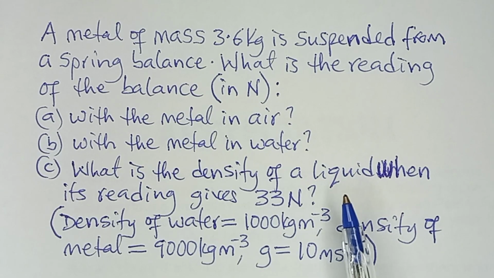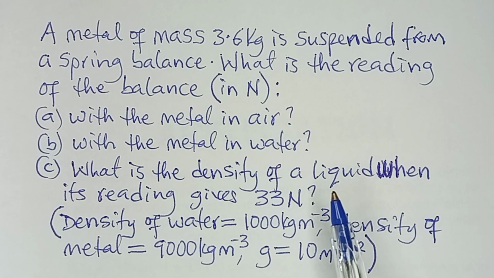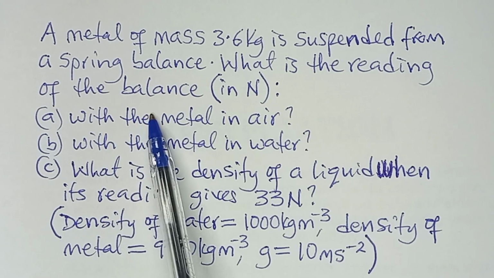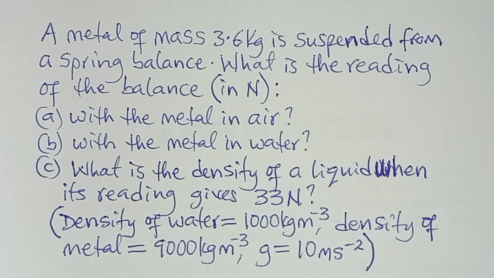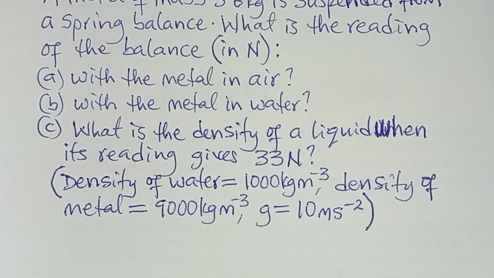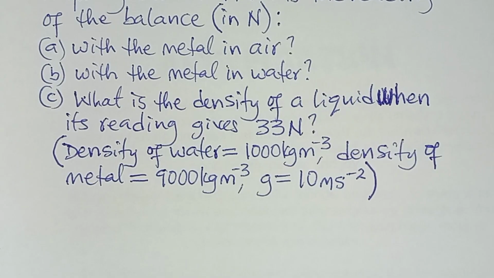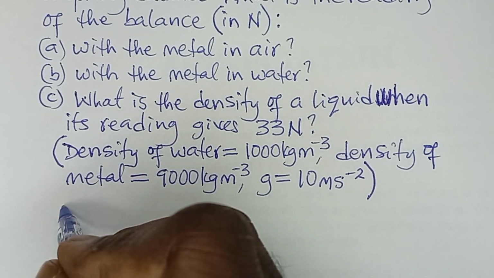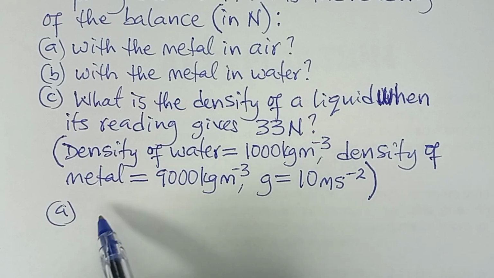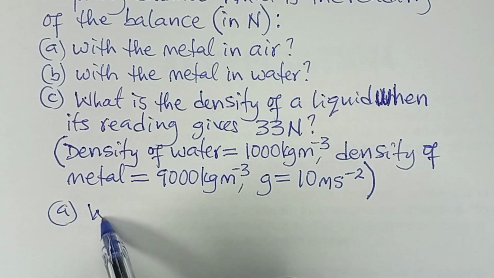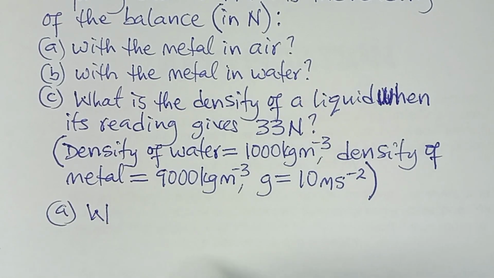Now, for us to start with this, the very first question here, that is what will be the reading in air, is very simple. So I want to believe we can all do that. So I'll start by writing A. So the reading in air, which is the weight of the object now.